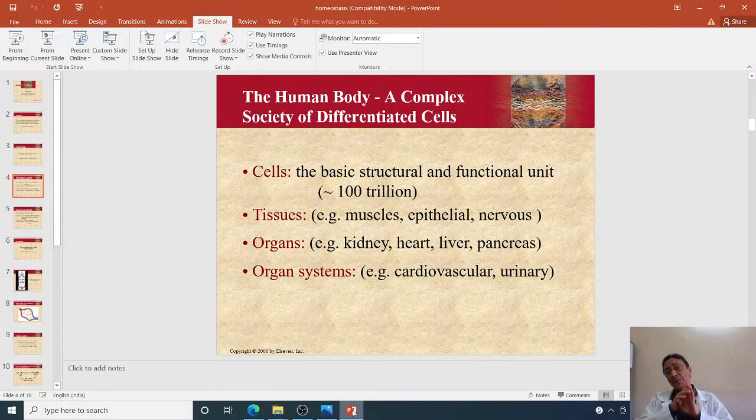Now, in the body, roughly there are around 100 trillion cells. Out of these 100 trillion cells, 25 trillion cells are blood cells, that is the red blood cells, and the remaining 75 trillion cells are the other tissue cells.